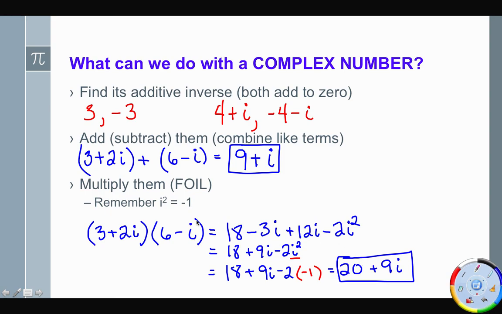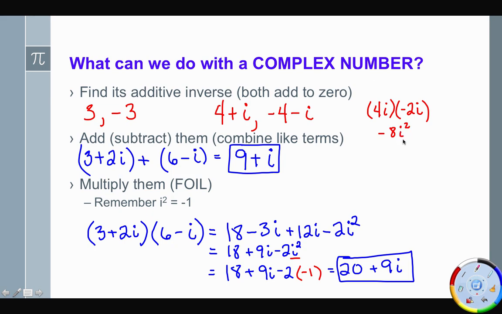Now, why that is important is you should look, if you multiplied one complex number times another complex number, you should get a complex number. You should not get anything different than a complex number. So any type of multiplication, if I did 4i times negative 2i, we know that 4 times negative 2 is a negative 8. i times i is i squared.